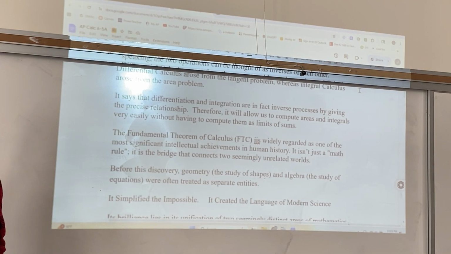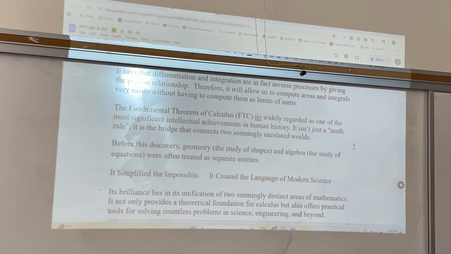And you may have thought they were too, because in high school, we kind of treat them separately. The fundamental theorem of calculus has simplified the impossible, and it created the language of modern science. Without that, I would argue we'd still be in the dark ages.